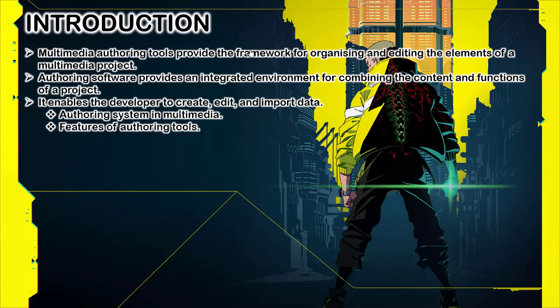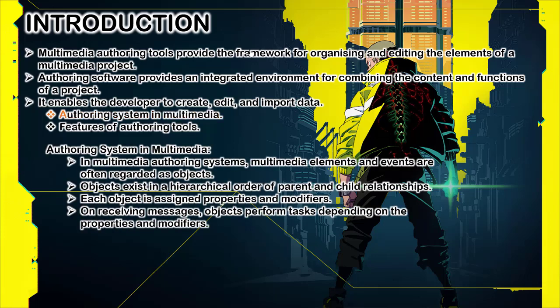Okay, the first point is authoring systems in multimedia. In a multimedia authoring system, multimedia elements and events are often treated as objects that live in a hierarchical order of parent and child relationships. Messages passed among these objects order them to do things according to the properties or modifiers assigned to them.